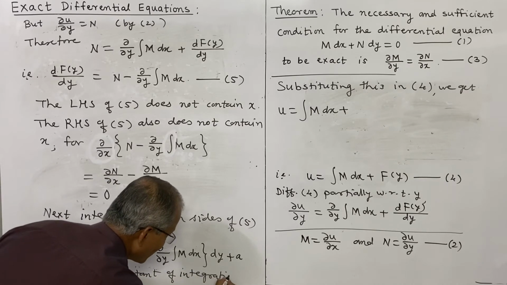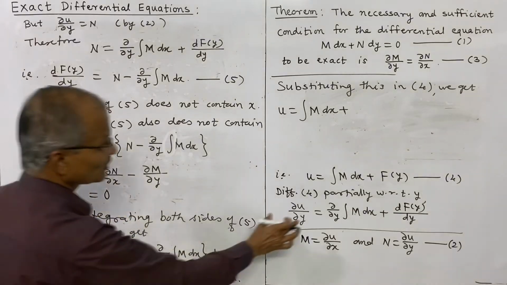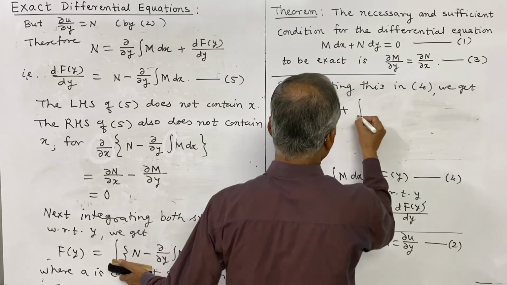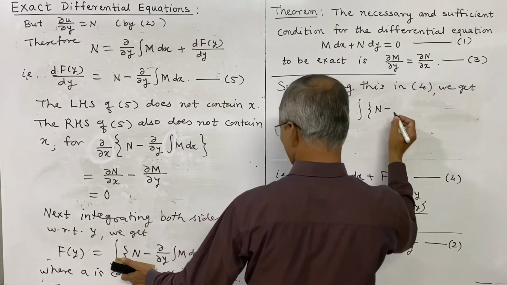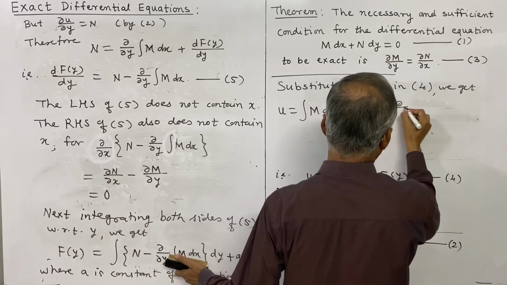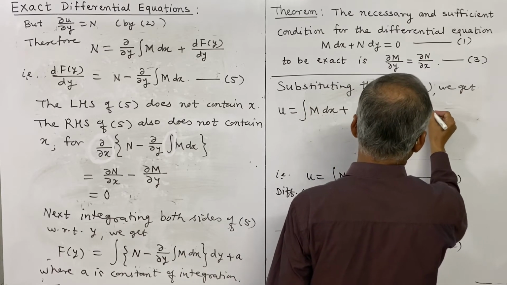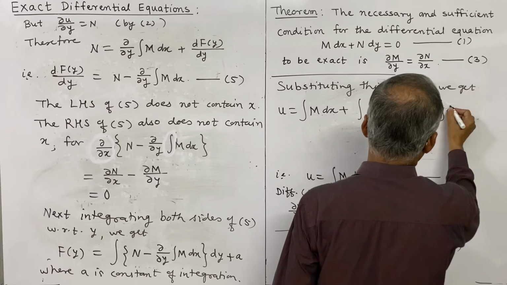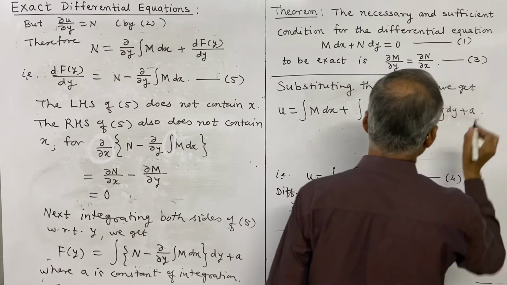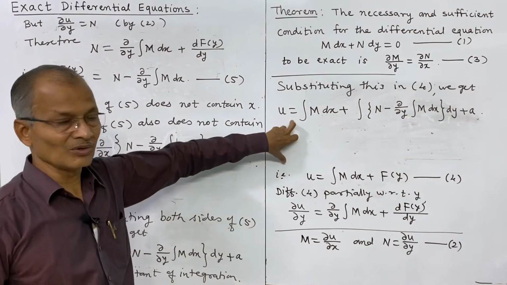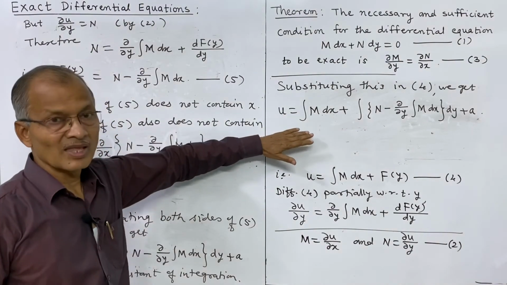And now this value is substituted here, so that means this is f of y, integral n minus dou by dou y of integral m dx into dy plus a.